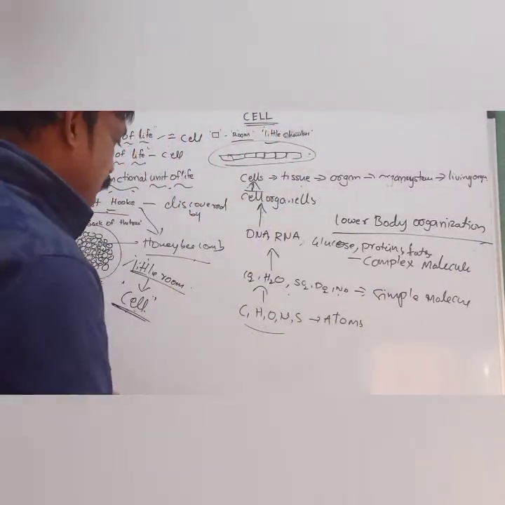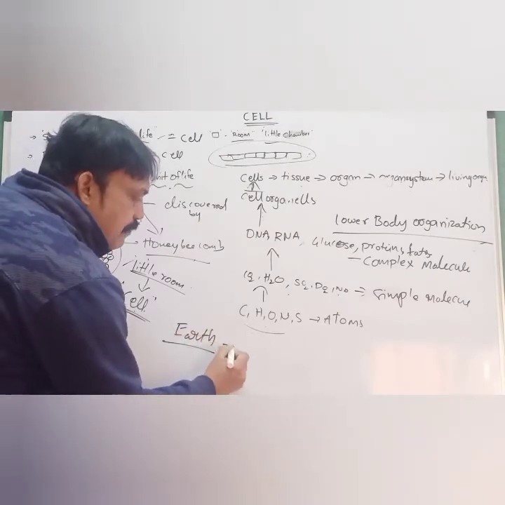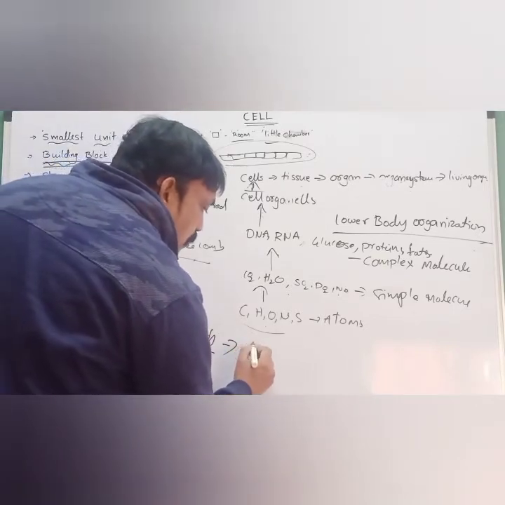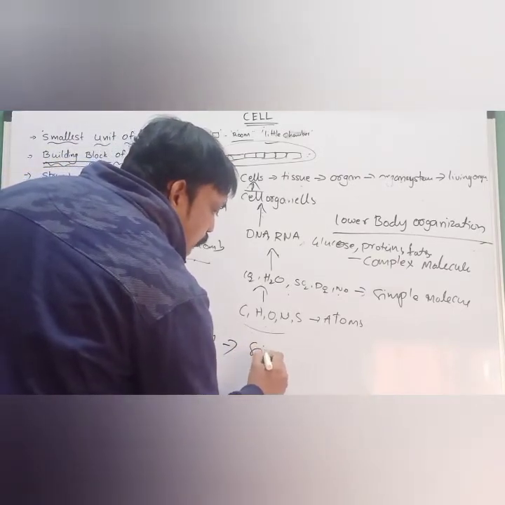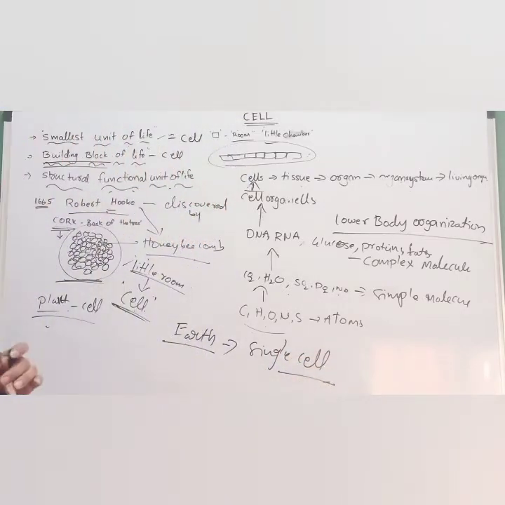On earth, every living organism is made up of what? Single cell. Every living organism is made up of a single cell.